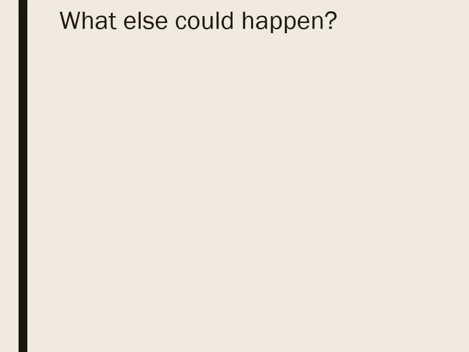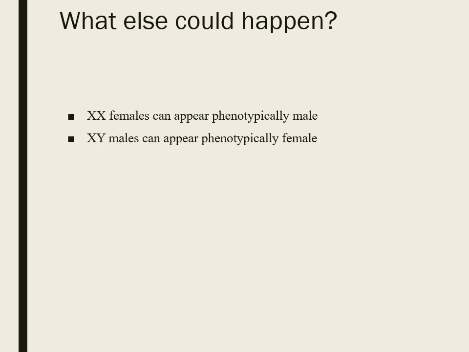Now that we've talked about Y meaning male, it's possible that the rule we've just established may not always be the case. There are XX females that can appear phenotypically male, and there are XY males that can appear phenotypically female.